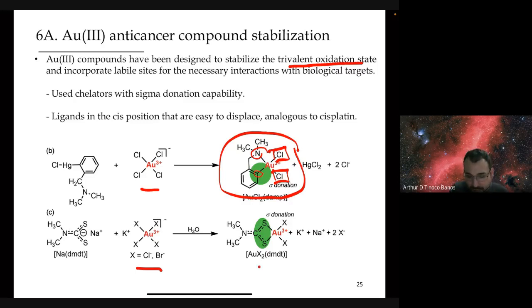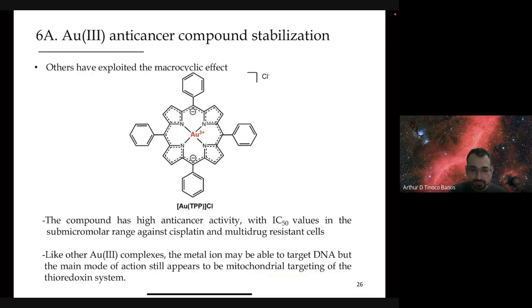And so you have something very similar over here via the use of these chelators that have a sigma donation capability. And then over in this example, others have exploited the macrocyclic effect, where the use of these types of groups will help to stabilize the gold in the center. All right, so it provides a ligation that enables the coordination number 4.